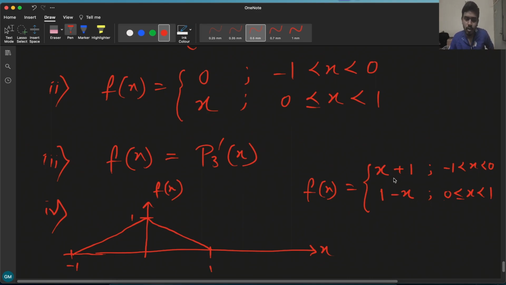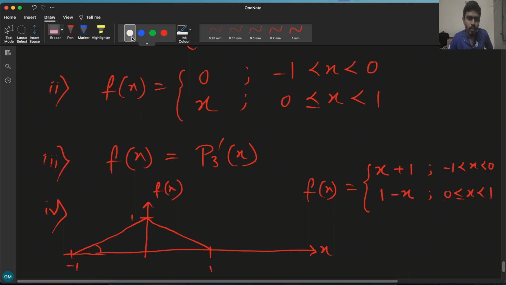So you can check for yourself, these are linear functions, right? So it will be linear in x and it should have a slope of 1 or minus 1. Because this length is 1, this length is 1, that means this angle is 45 degrees and tan 45 will be 1.